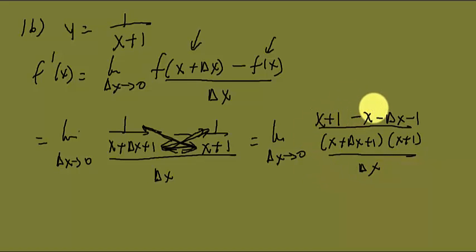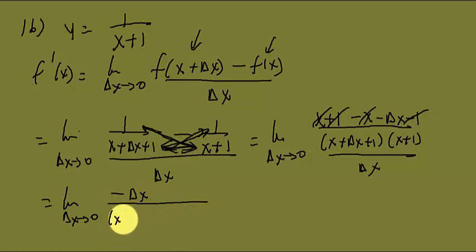Let's clean up the top a little bit. If you notice, the x's are going to cancel out. Negative 1 and positive 1 are going to cancel out. What's left is negative delta x. So I have the limit as delta x goes to 0 of negative delta x, all over x plus delta x plus 1 times x plus 1.